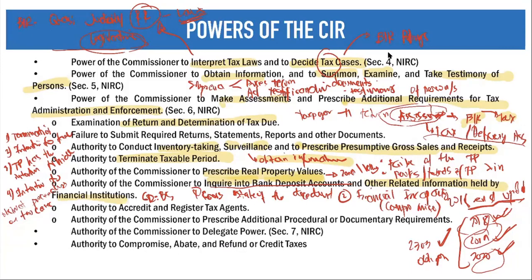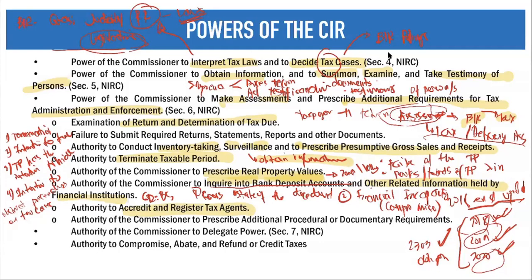Another, they have the authority to accredit and register tax agents. Guys, before you can practice taxation here in the Philippines, you must be considered an accredited tax agent. So the CIR can accredit and, of course, register any tax agent he or she wishes to accredit. Sir, how about if I applied and was not accredited?